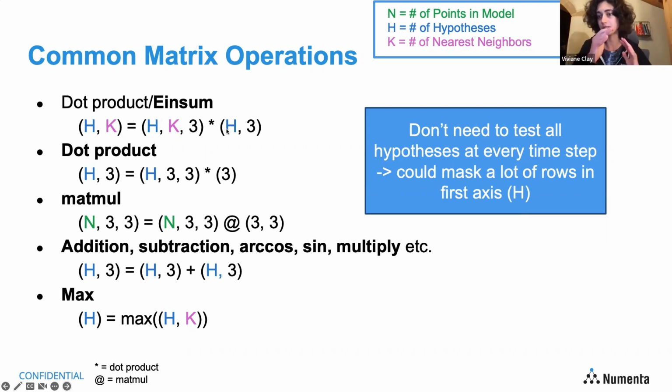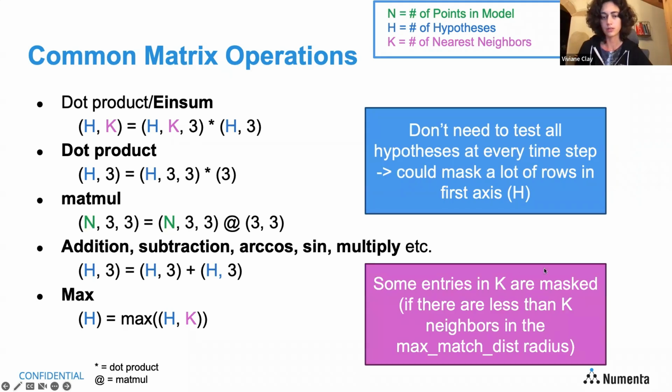We update every hypothesis at every step, but in practice, we don't really need to test all hypotheses at every time step. We could just test the most likely ones. That way we could mask a lot of the rows in the first axis, where I put H as the shape, which can be between 1,000 and 40,000 rows.